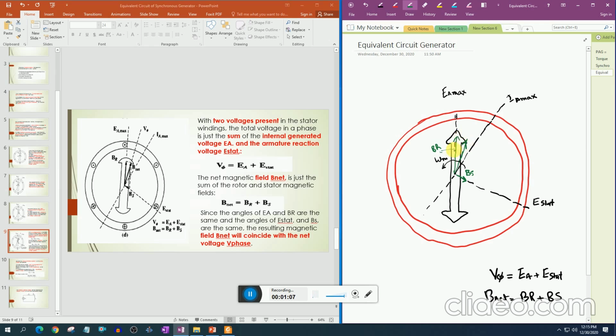Since the BR and EA angles are the same, and the BS and E stat angles are the same, therefore the V phase and B net angles are the same. So this is V phase.